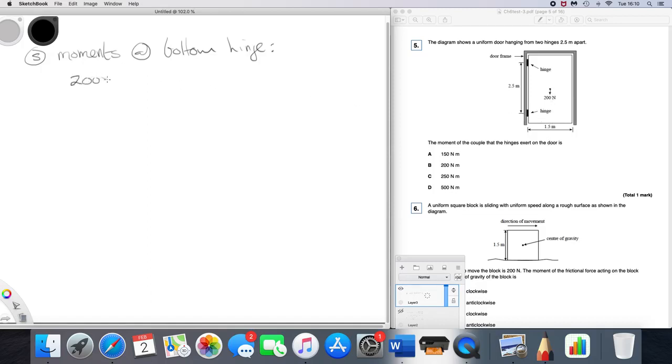So we have 200 newtons times 0.75, and that has to equal the force due to the hinge at the top times 2.5, which gives us the force at the top hinge to be 60 newtons, and the couple then is the size of the force times the perpendicular distance between the hinges, which will give you 150 newton meters. So the answer is A.